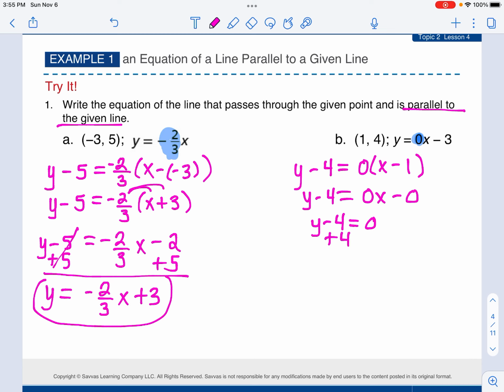And then we'll add 4 to the other side of the equation, and y is going to equal positive 4. So that is the equation of the line parallel to y equals 0x minus 3.